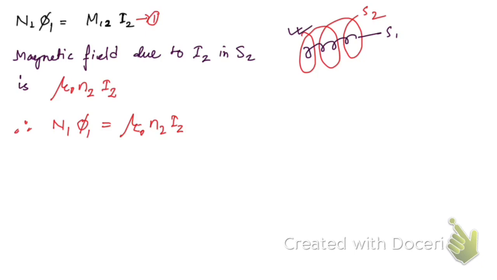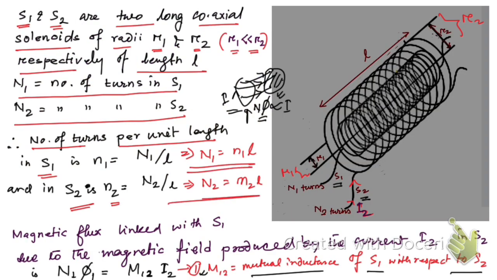As we are calculating the flux through this inner solenoid, the solenoid with the small radius, we are going to take the cross section of S1, which is the inner solenoid. Its radius is R1, so we take pi R1 square. This is the area. And you see, the total number of turns in S1, N1, is equal to small n1 into L, as I have already given here. This is this one, n1 into L.